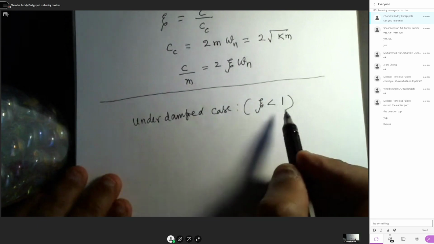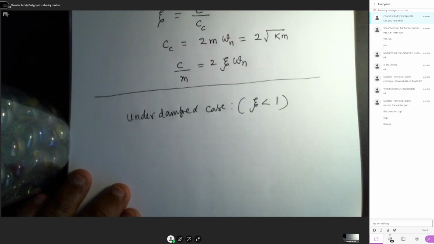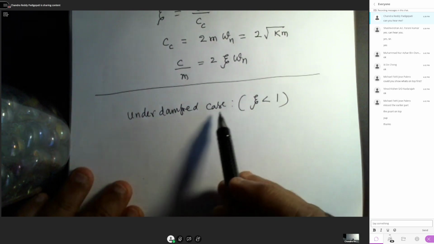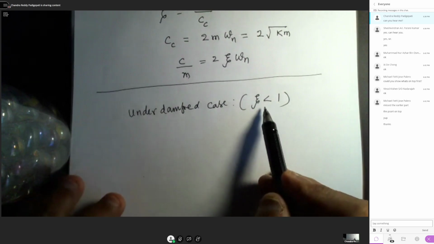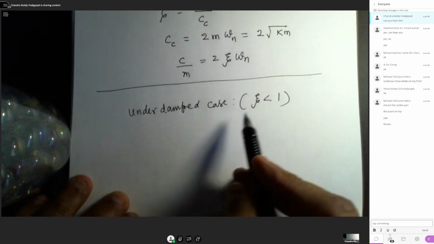When the damping ratio is greater than 1, it is overdamped, which means no vibration. Similarly, when the damping ratio is equal to 1, we have the critical damping case, and even there is no vibratory motion. So the only case is the underdamped case, when the damping ratio is less than 1.